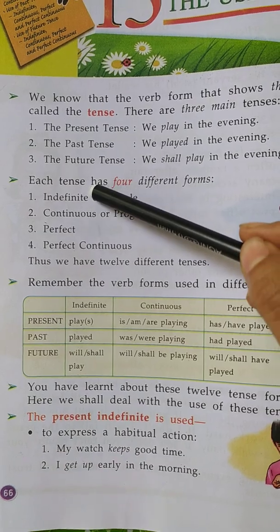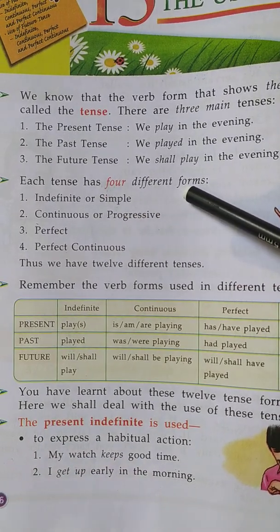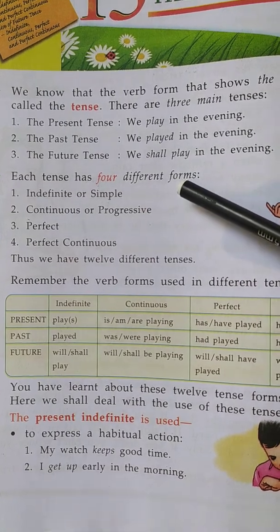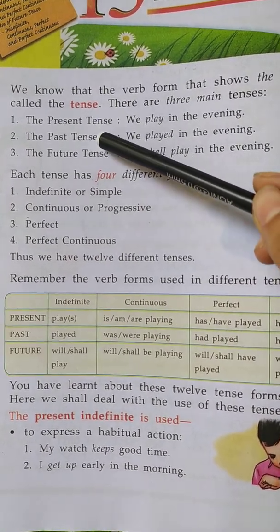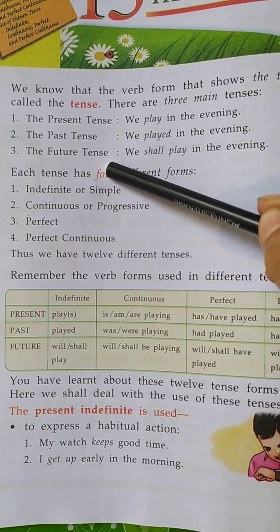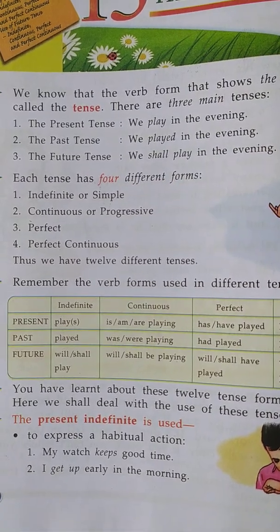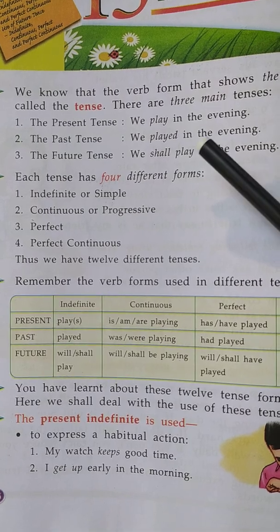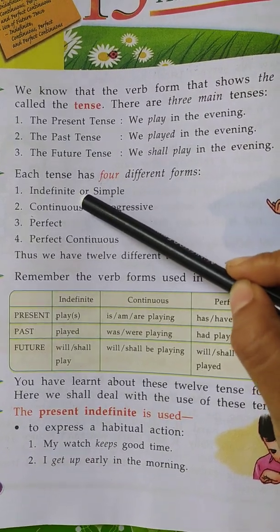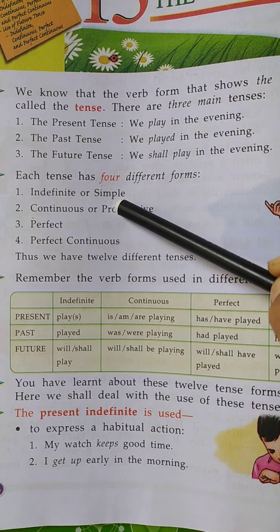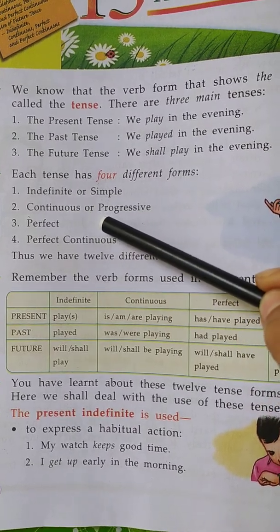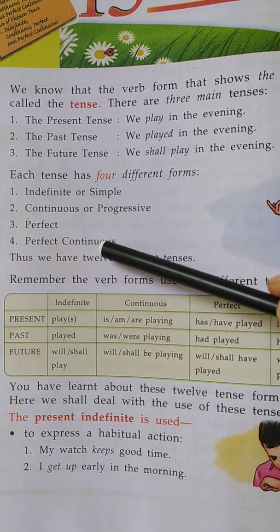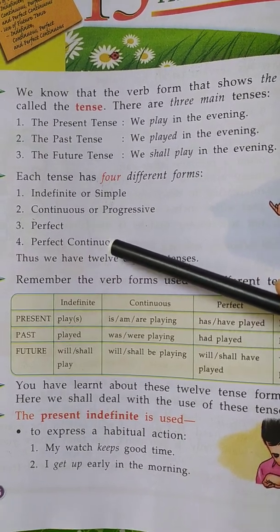Now see, each tense has four different forms. Each tense means the present tense, the past tense and the future tense have four different forms. Number one, indefinite or simple. Number two, continuous or progressive. Number three, perfect. Number four, perfect continuous.